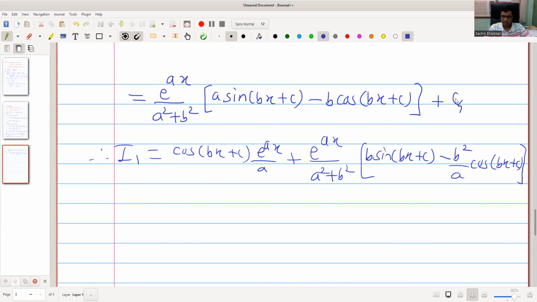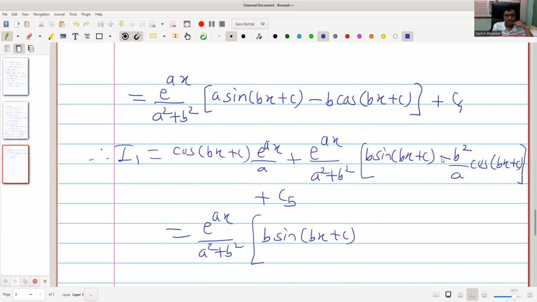Okay, plus this constant, that's c1. So there will be another constant c5. Now we can simplify this. So e raised to ax upon a square plus b square is a common term, and we have b sin(bx + c), and here the term is b square upon a cos(bx + c).